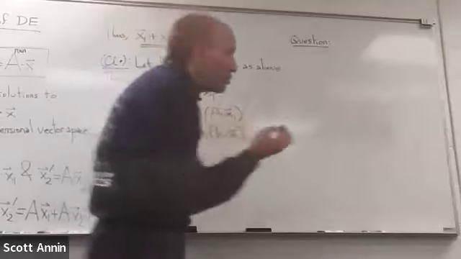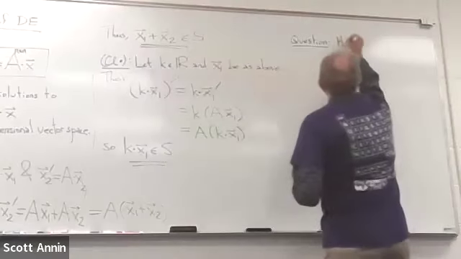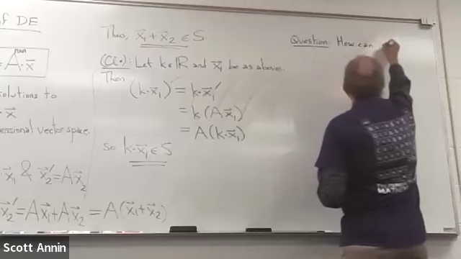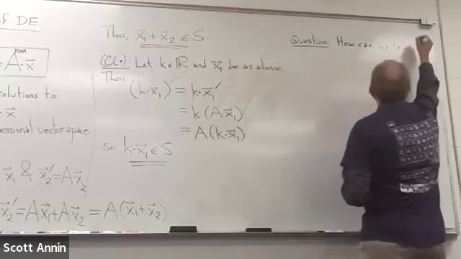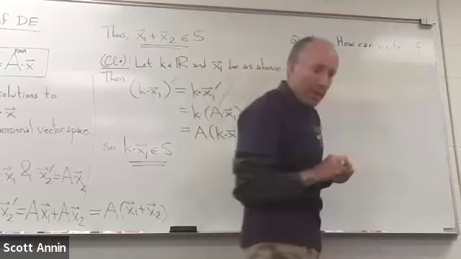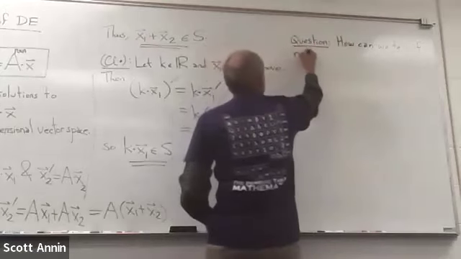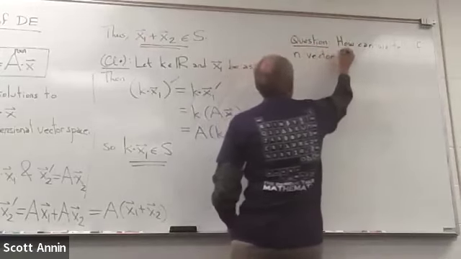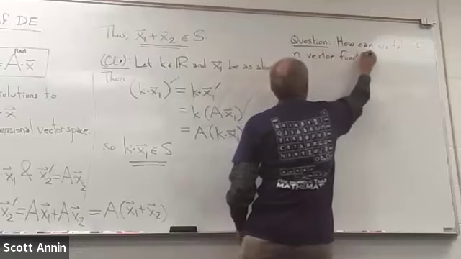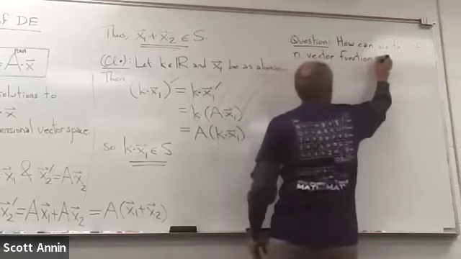But let's just phrase it as a question first of all, which is how can we tell if n vector functions, again, normally n will be 2 or 3 for hand calculations.